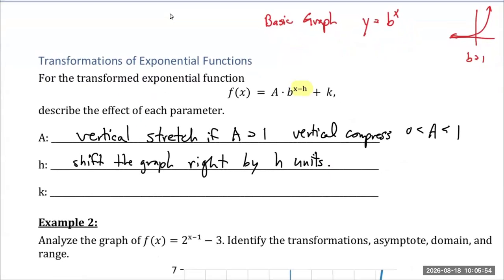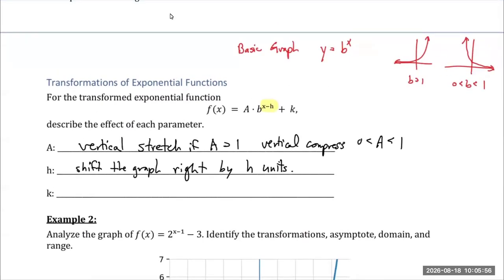All you're doing is multiplying the output by this letter A. If A is bigger than 1, that's going to make it bigger and stretch it out. If A is between 0 and 1, that's going to make it smaller. If A is negative, that's going to correspond to a vertical reflection.